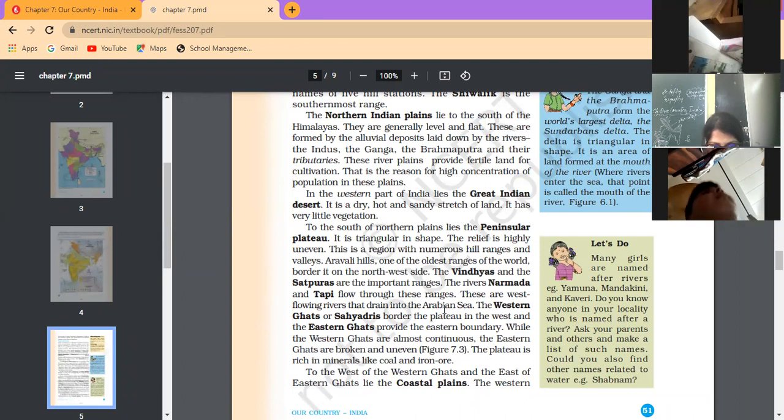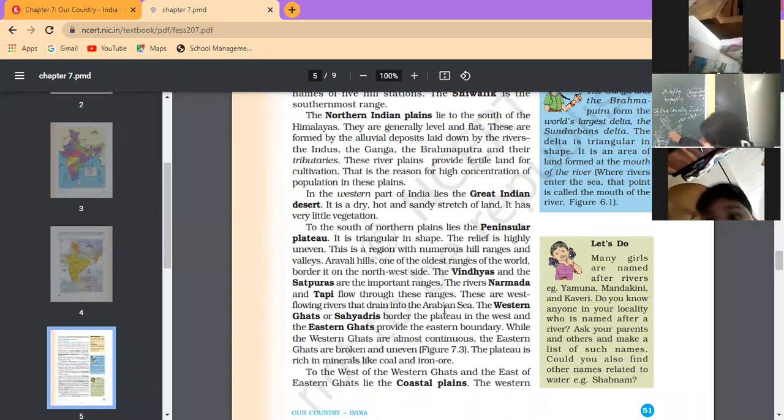Now let's talk about the Eastern and Western Ghats. Here on the east side the Eastern Ghat lies and on the west side the Western Ghat lies. Western Ghat means Sahyadri, the border of the plateau in the west. The Western Ghat is almost continuous.